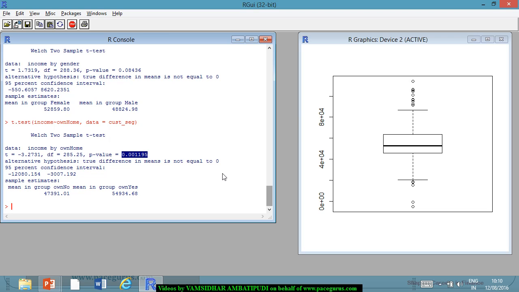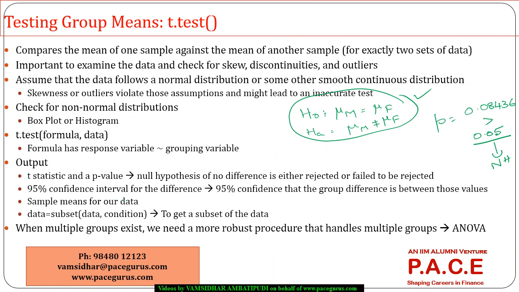For people who don't own a home, the mean is around 47,000. For people who own a home, the mean is around 54,000. So I can clearly make a statement that people who own a home have higher income levels compared to people who don't own a home. That is how we interpret the t-test.